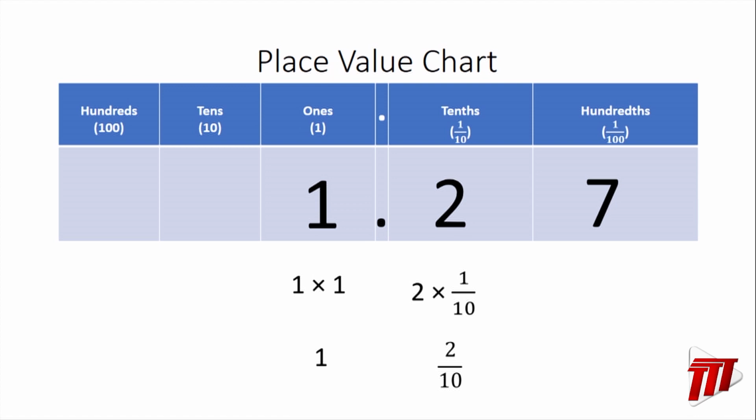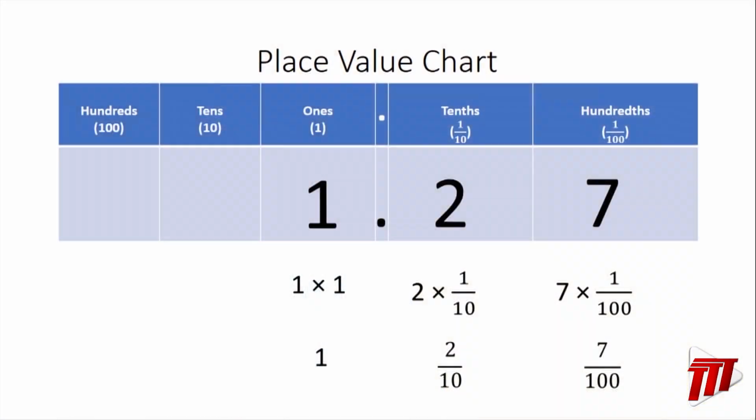The value of the digit 7 is not hundredths, but rather 7 multiplied by 1/100. Remember, it is in the hundredth place, so 7 multiplied by 1/100 gives 7 hundredths. And our tenths and hundredths have been expressed as common fractions.